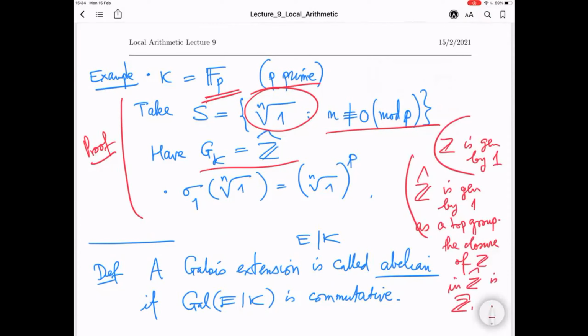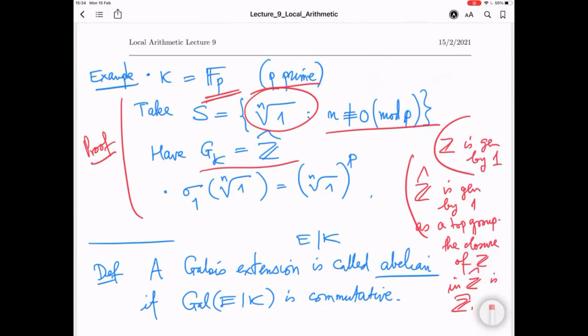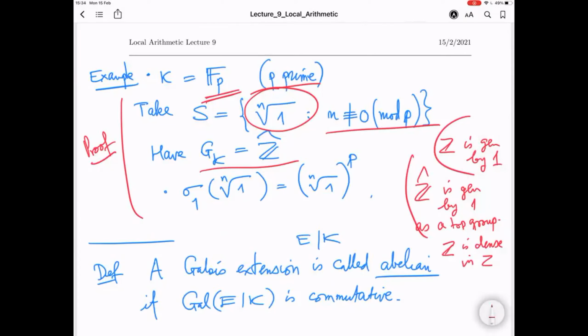Z is dense, okay, so that was the word I was looking for. This is expressed by saying that Z is dense in Z hat.